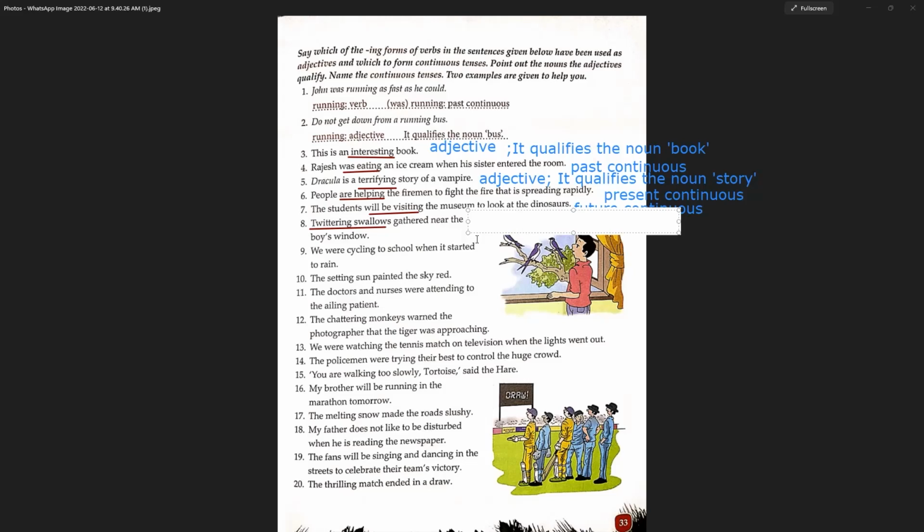Grade 1 and grade 2 are separated with the class teacher. You are in defense, right? Okay, so twittering swallows. Swallows are a kind of birds, right?